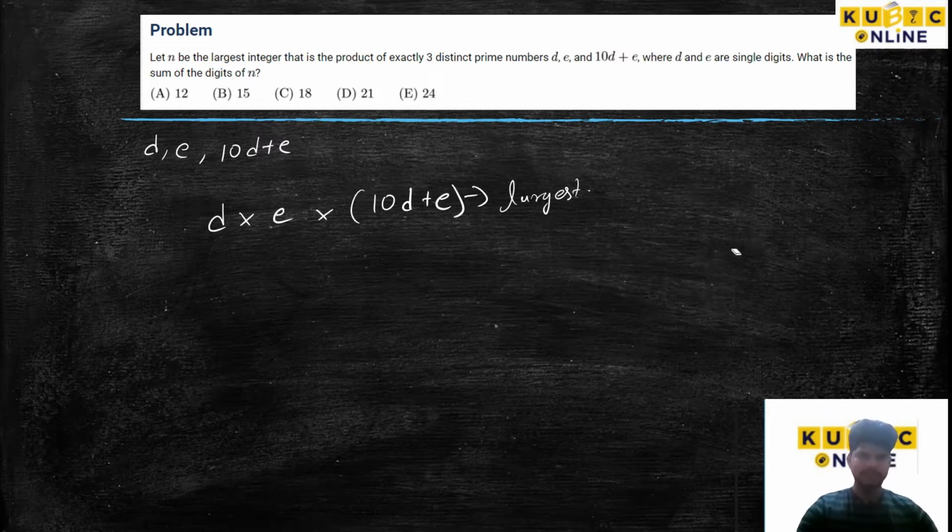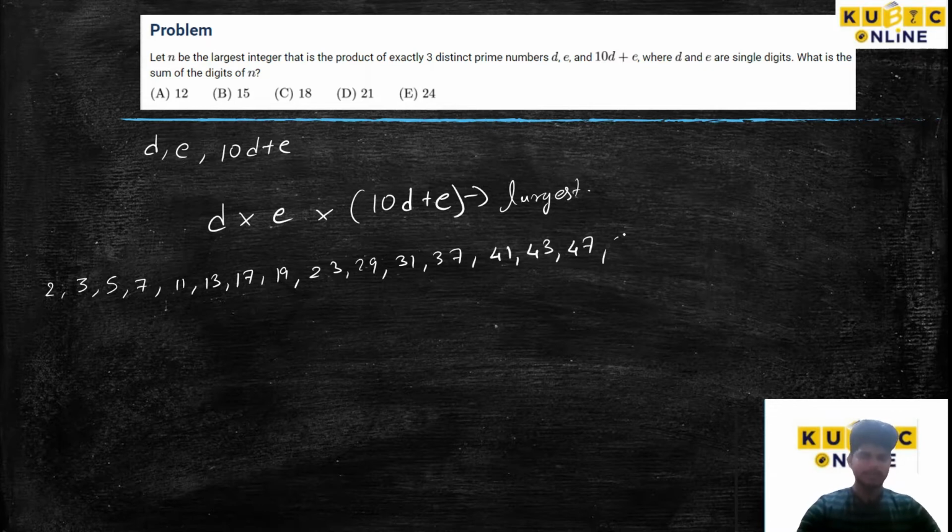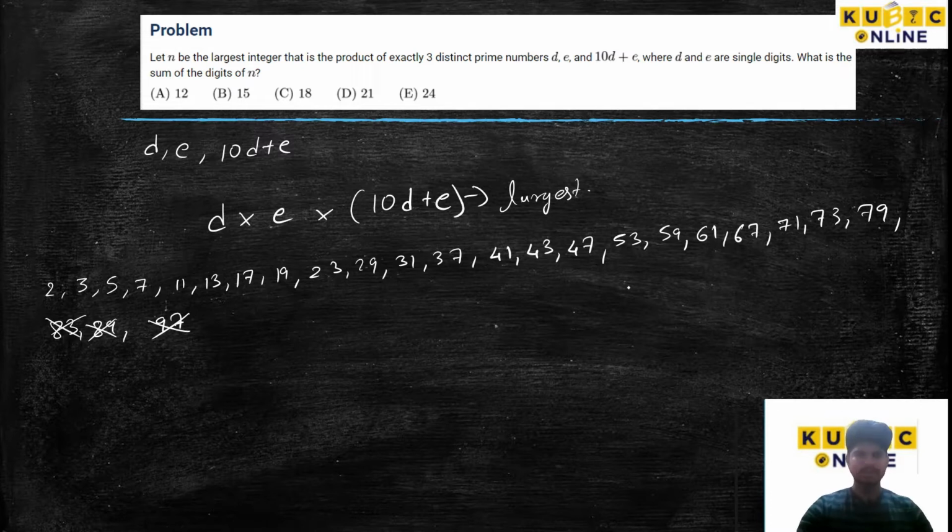So let's just write it from the start: 2, 3, 5, 7, 11, 13, 17, 19, 23, 29, 31, 37, 41, 43, 47, 53, 59, 61, 67, 71, 73, 79, 83, 89, 97. So 97, 9 is not a prime. So this is cancelled, this is cancelled, this is cancelled.